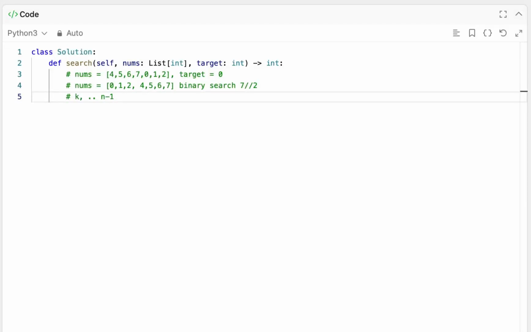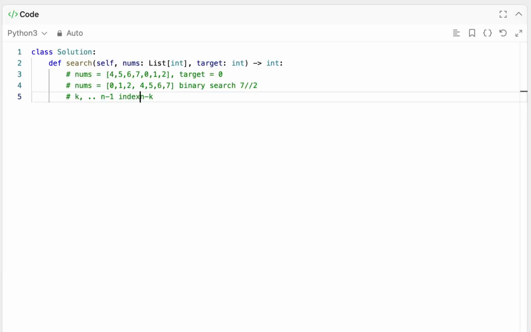So here, in total, we would have n minus 1 minus k plus 1. Yeah, this gives me the index.